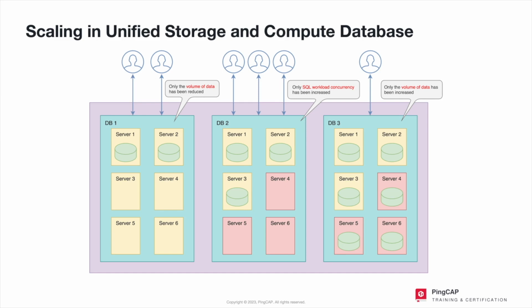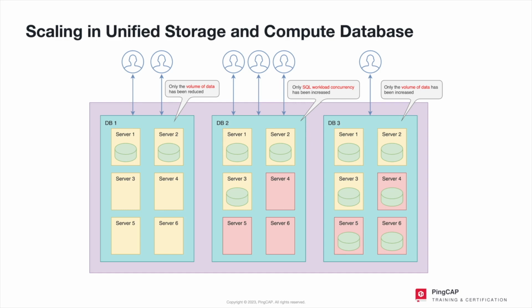An example will help here. Let's assume that in our compute and storage integrated system, DB1, the amount of data has decreased to 1/3 of its original size. If the server is removed because the data has decreased, it will lead to a reduction in computing power and a decrease in the number of CPUs allotted to other tenants.